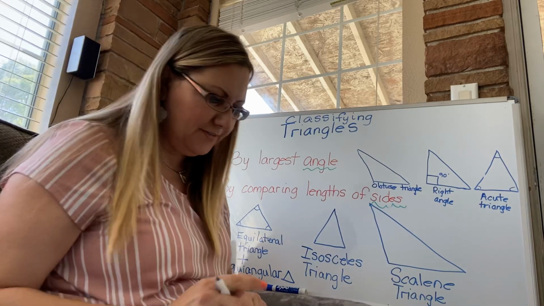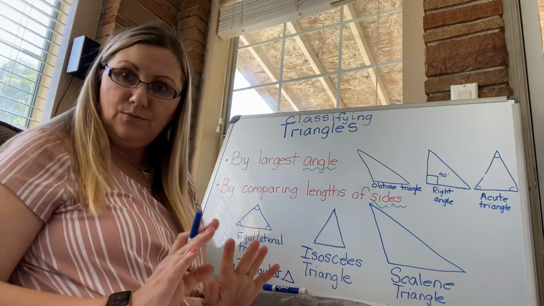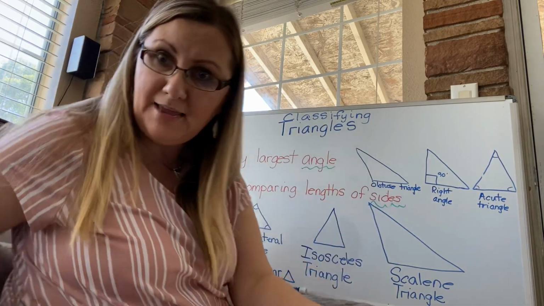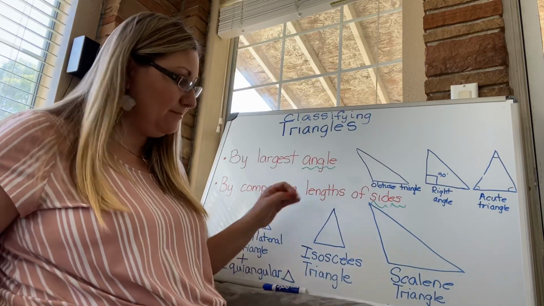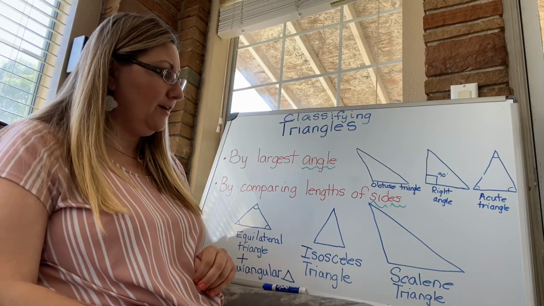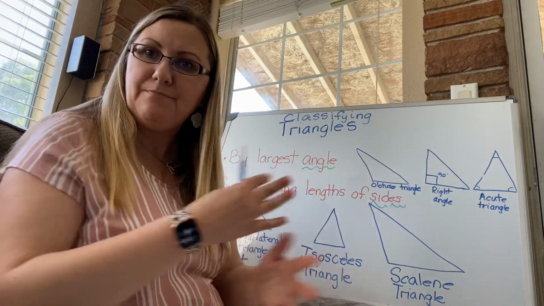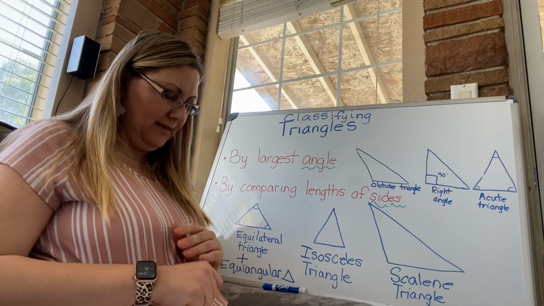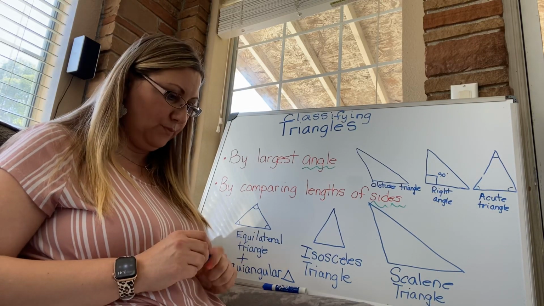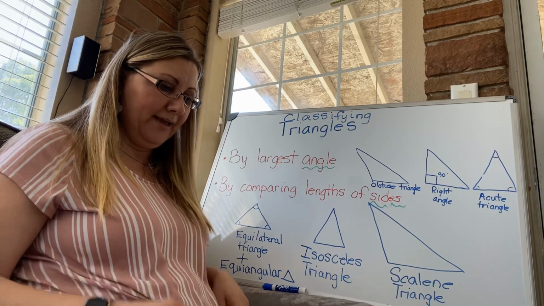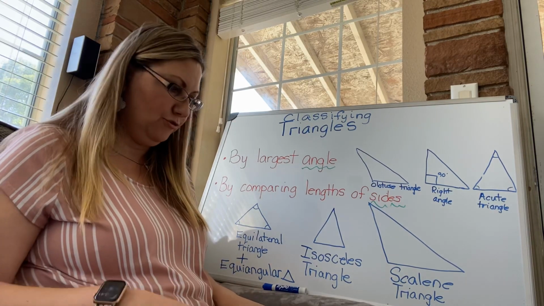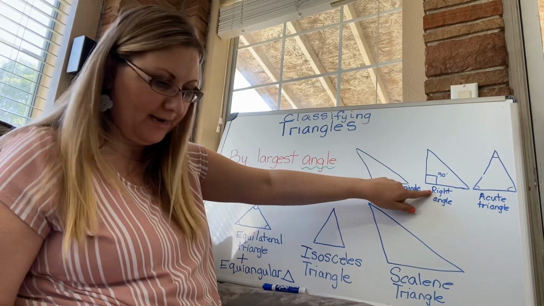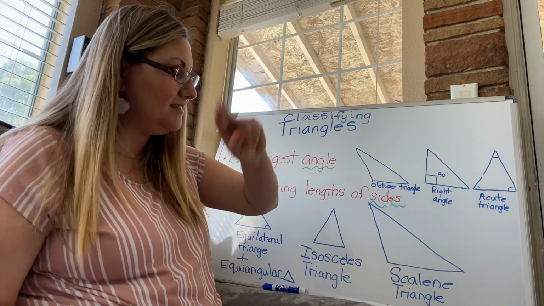Okay, so now you have to think about one thing, which is that just because we can classify or name triangles these different ways, that doesn't mean that one particular triangle can't be called multiple things depending on what is happening with them. So in example 1 in your book, we are told to draw a triangle that is both a right triangle, so something like this, a right triangle, and an isosceles triangle.